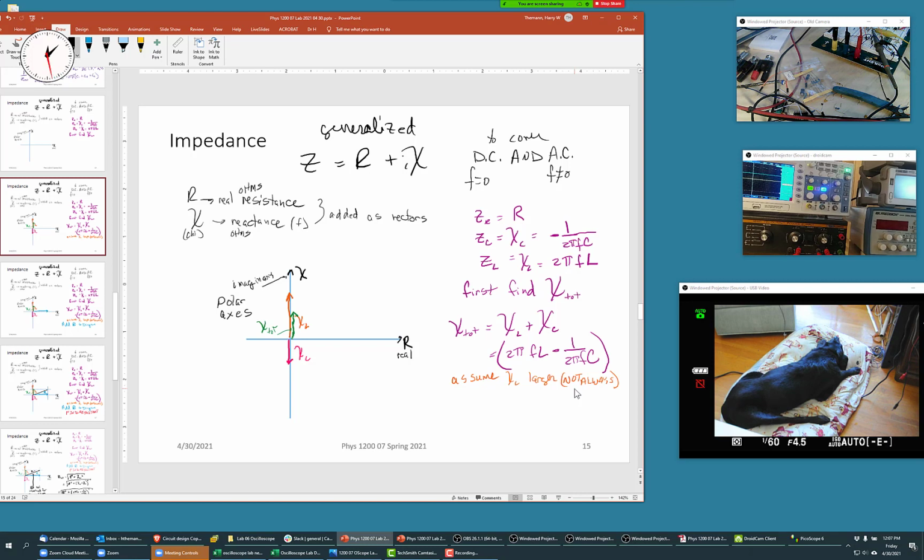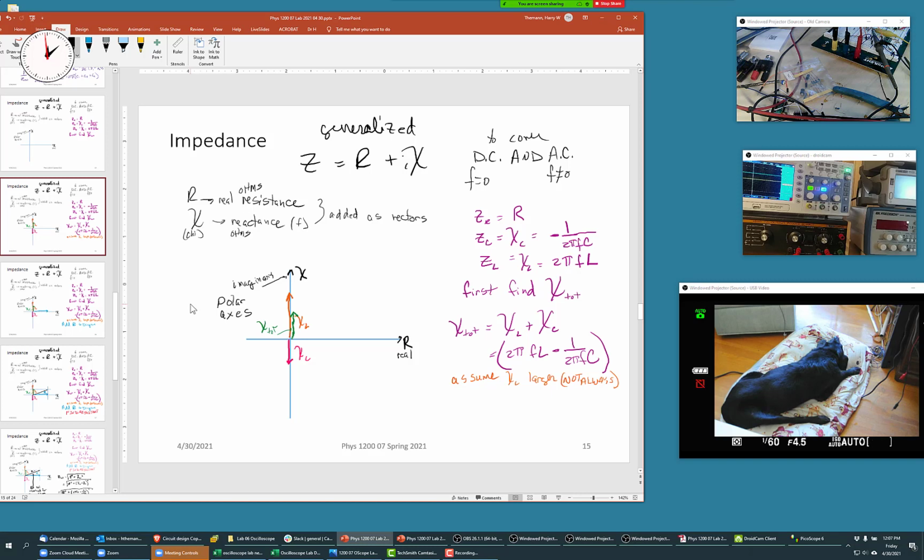So I add the two of them together, and now the minus sign becomes important. Two vectors along a line, you can add them together as long as you remember the signs. This is beyond Physics 1200, but the chi L and the chi C point in opposite directions.